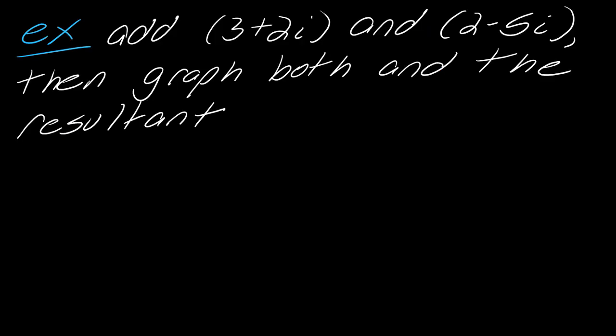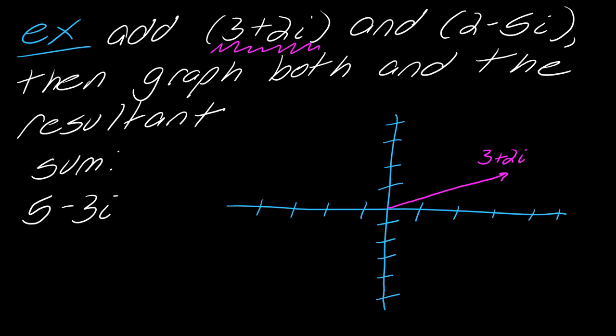Okay, so let's take a second to practice this. Let's add 3 plus 2i and 2 minus 5i, and then let's graph both of these and the resultant. If I sum these two up, 3 plus 2 is 5, 2i minus 5i gives me negative 3i. So if I want to graph this now, 3 plus 2i, here's 3, here's 2, and I draw the vector going here.